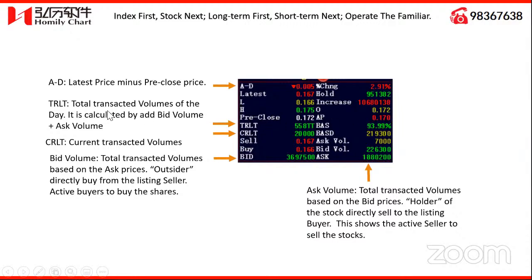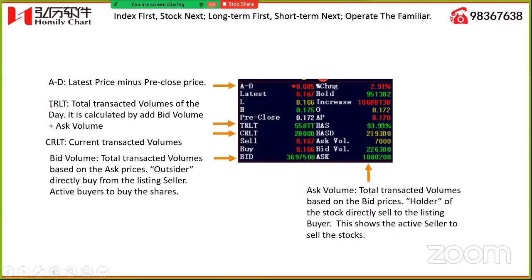All right, so now we come to TRLT. What is TRLT? TRLT is the total transacted volume of the day, as of the day. It is calculated by adding bid volume plus ask volume.